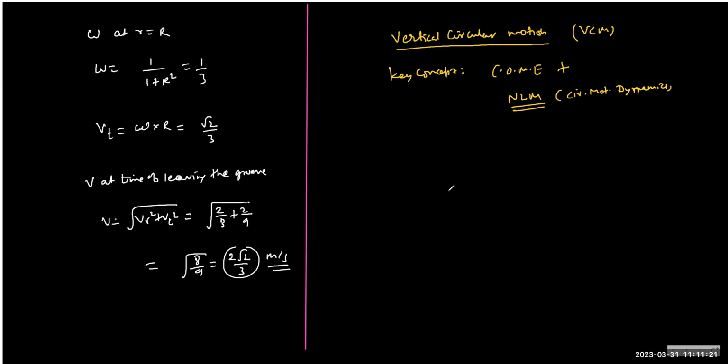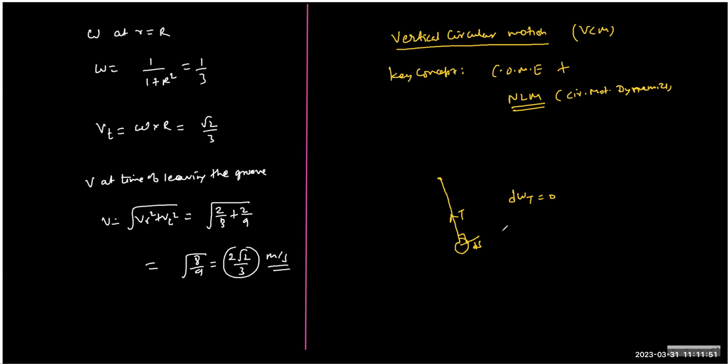The reason is the object will be moving with the help of a string. And what kind of force will the string apply? Because of circular motion, the elementary displacement and the tension are mutually perpendicular. So the work done by the tension is 0, and if the elementary work is 0, the net work will be for sure 0.